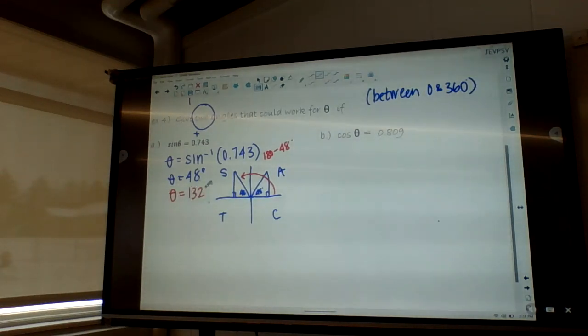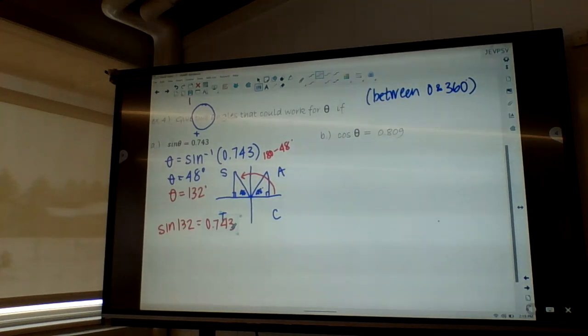Check that in your calculator. Check sine of 132. It should be 0.743. So we found both versions. And it wouldn't be in the lower half, because obviously sine wouldn't be positive there.